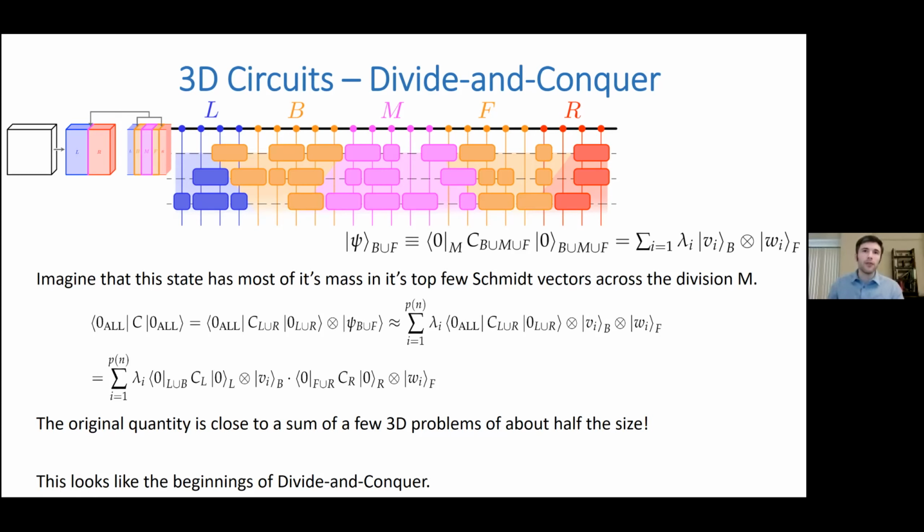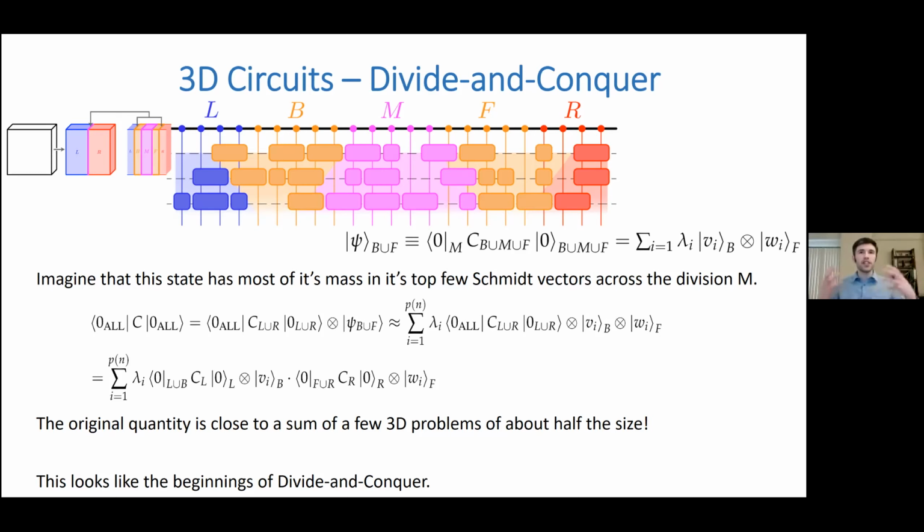Imagine a quantum state produced by starting with the all zero state on B, M, and F, and then applying only the gates that are purple, only the gates in the light cone of M. That's this circuit CBMF. And then projecting onto the all zeros state just in the M register, which leaves the B and F registers unmeasured. So psi is an unnormalized quantum state on B and F.